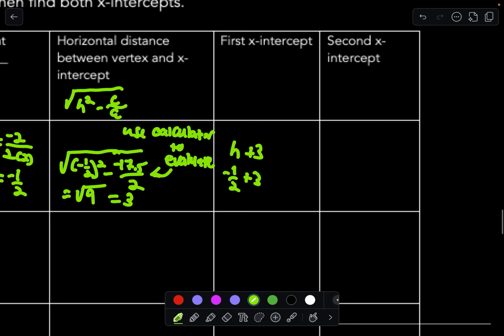Negative 0.5 plus 3, it's 3 minus 0.5, it's 2.5. Use a calculator. And the second x-intercept would be h minus 3, which would be negative 1/2 minus 3, which equals negative 3.5. And we found the two x-intercepts.